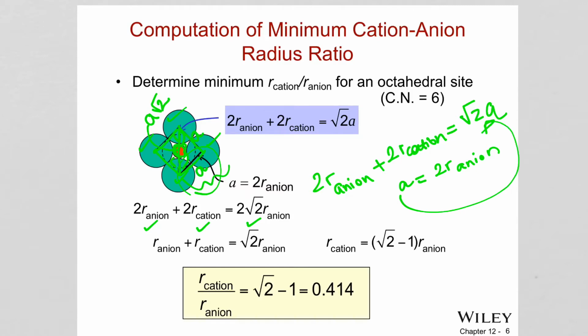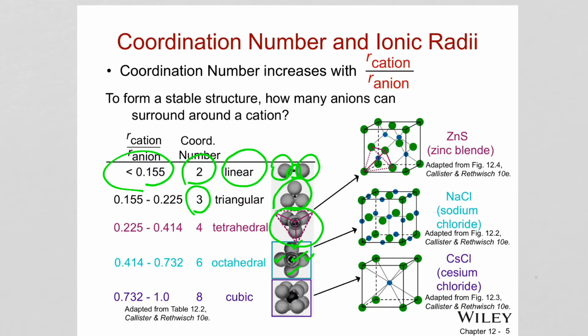And if you divide each term by 2, this is what you get. And if you arrange one side as anion, the other as cation, you can take the ratios, bringing this to the denominator, which is square root 2 minus 1, which is 0.414. It's right there, right?